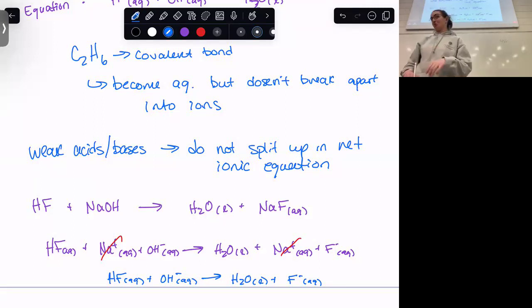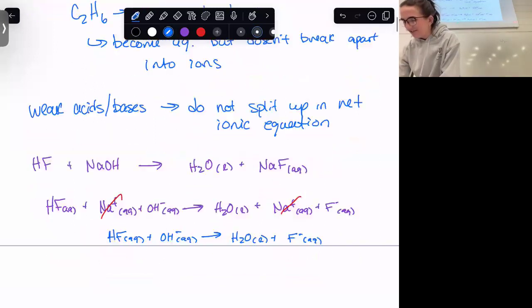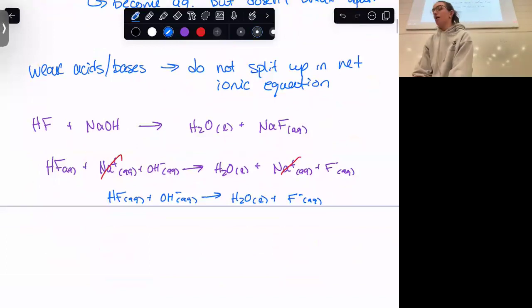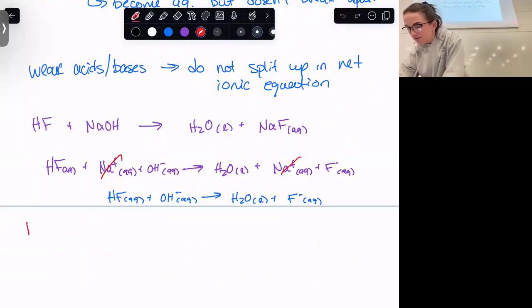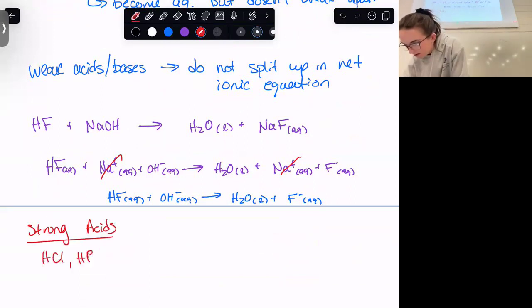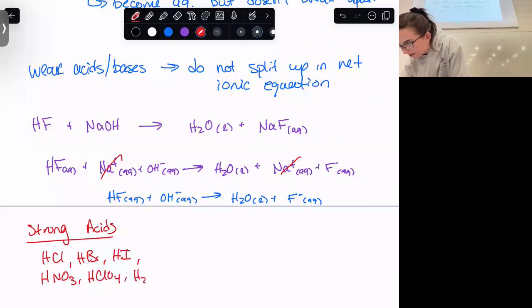I can tell you your 6 strong acids though. They are HCl, HBr, HI, HNO3, HClO4, and H2SO4. Anything else that's an acid will be considered weak.